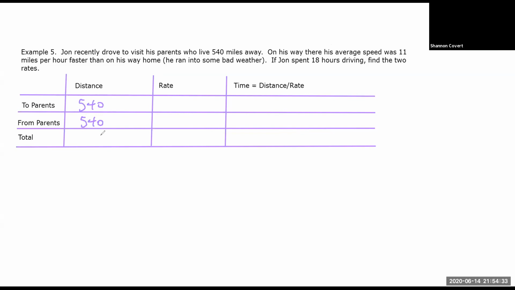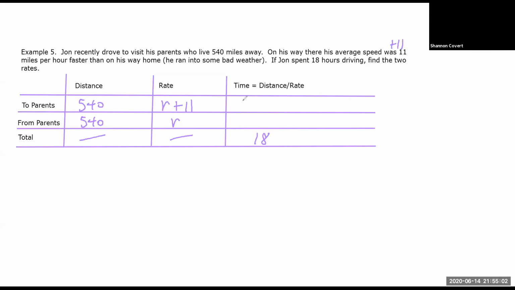On his way to his parents, his average speed was 11 miles per hour faster. 11 miles per hour faster means plus 11. So to his parents, his rate was R plus 11. On his way home, he just drove R. Total time spent driving was 18. I'm going to put that over here. Nothing's going to go there and nothing's going to go there.